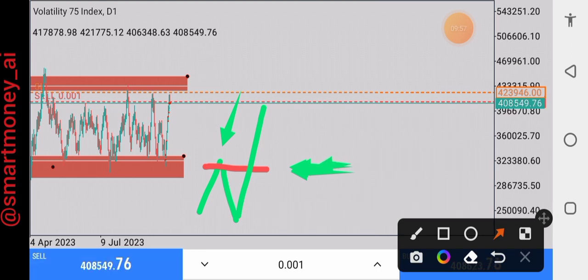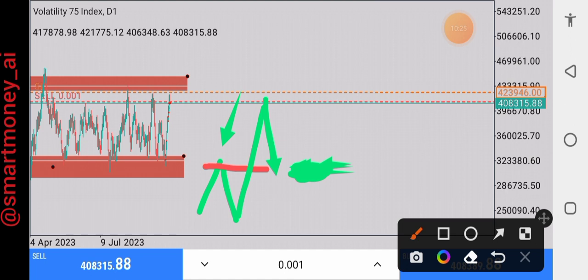So when price comes back to the resistance, you take a buy position here, right? Your stop loss, when we go on the chart, we will use some candles for our stop loss, and that one is not a problem.